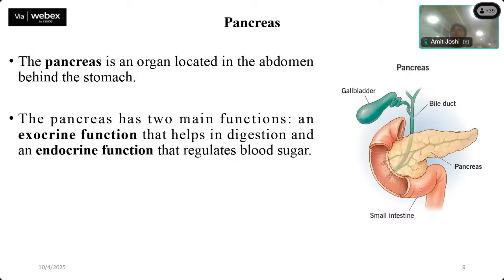There is nothing wrong with your pancreas, and that's why you are not diabetic. The pancreas is an organ located in the abdomen behind your stomach. It has two main functions: the exocrine function, which helps in the digestion of the food you consume, and the endocrine function, which regulates the blood sugar.